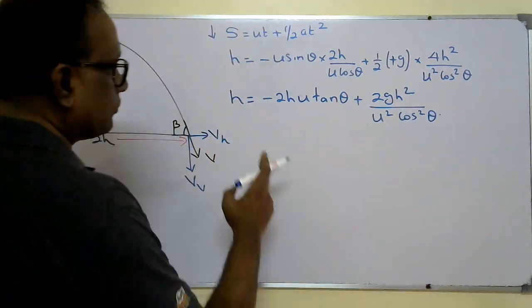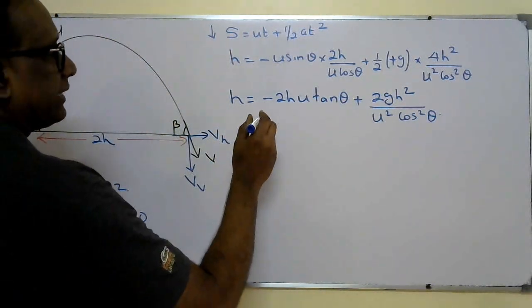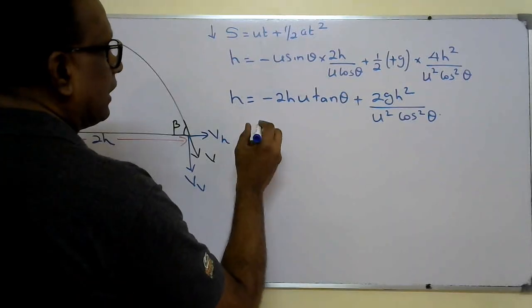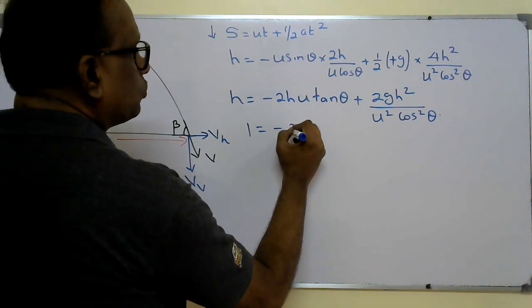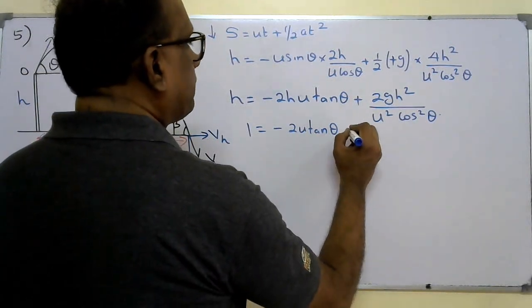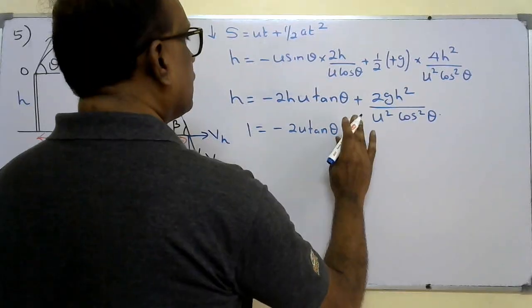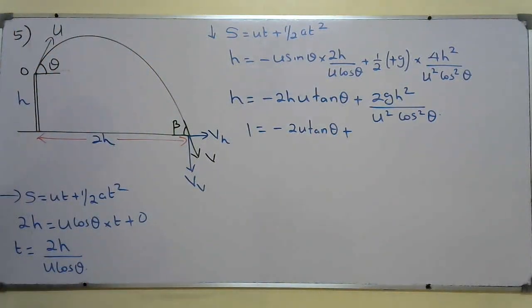We'll keep it like this. So we can divide the whole equation by h. If I divide it, it's going to be 1 equal to minus 2 tan theta plus, again I can divide the whole equation by 2.